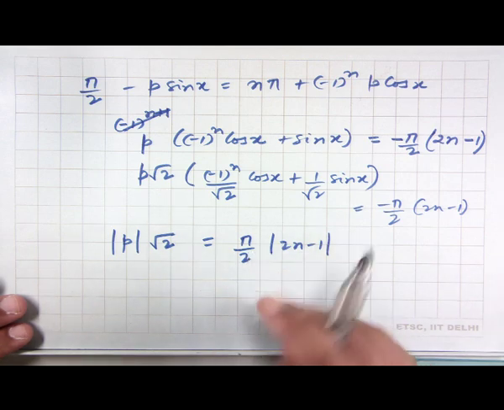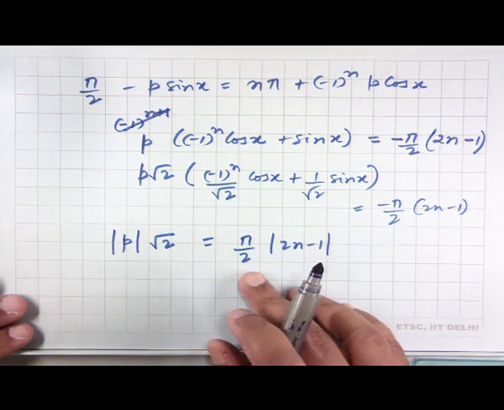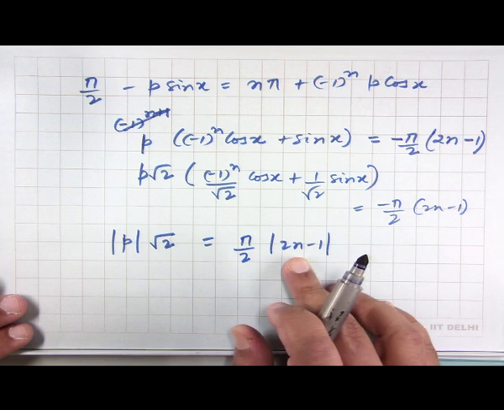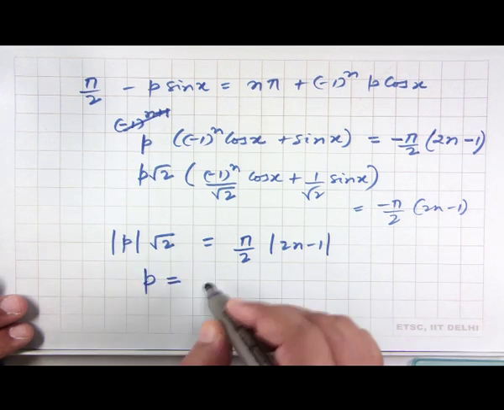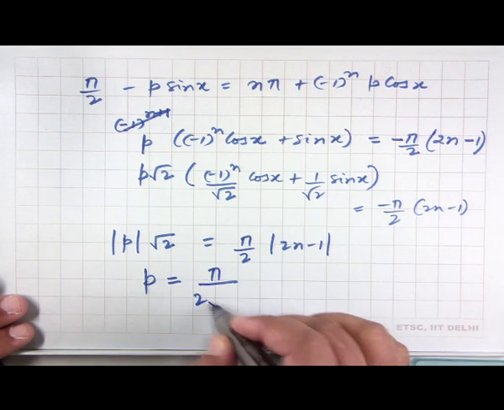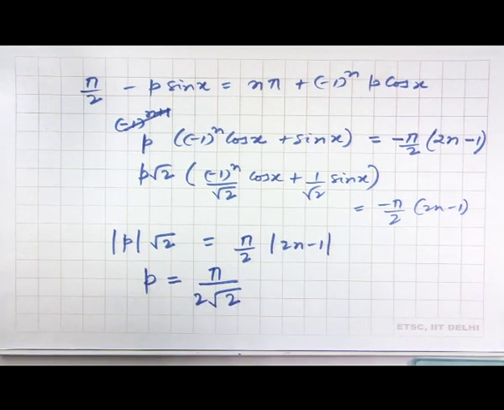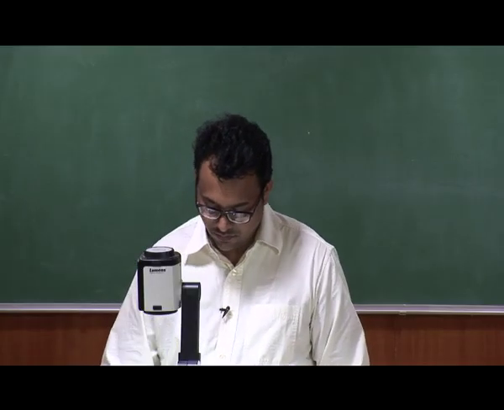But since we have to find the smallest positive value of p, we choose either n equal to 0 or n equal to 1, for which the smallest positive value comes out to be p equal to pi by 2 root 2. And that finishes the solution to this problem.